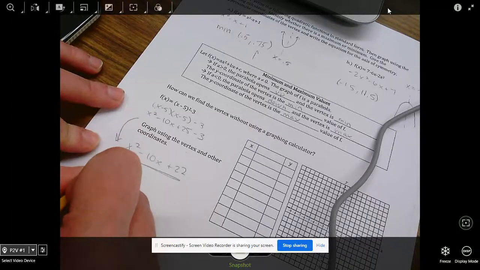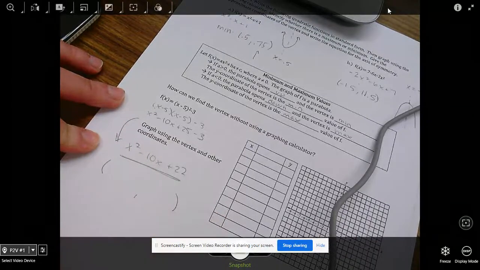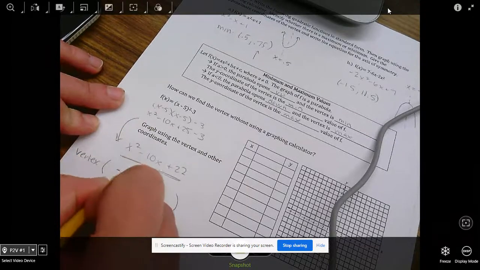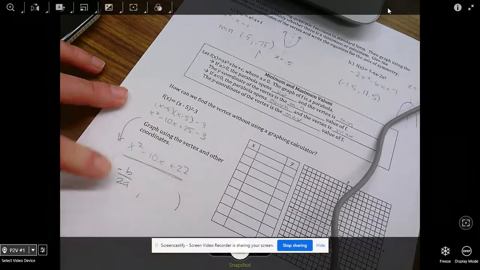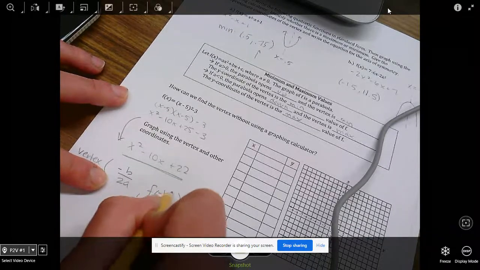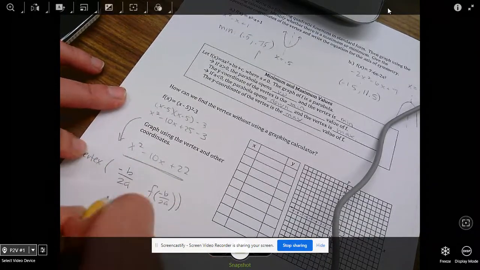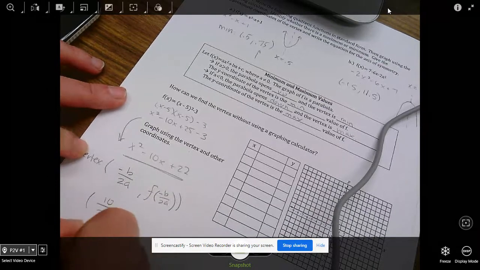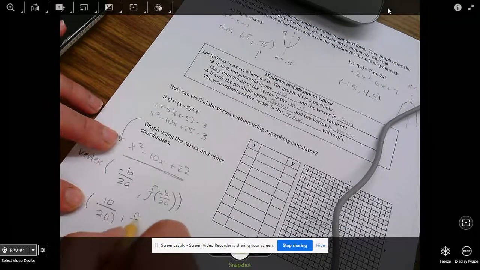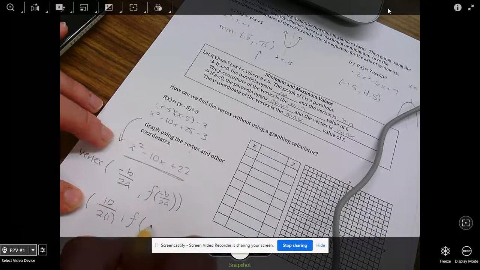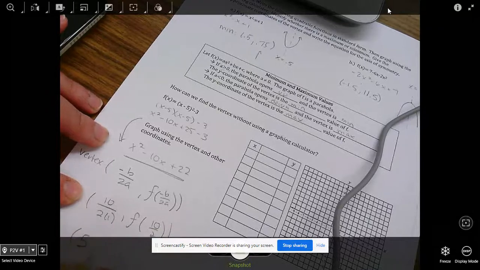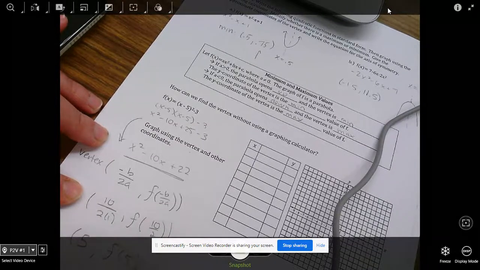To find the x and y values of the vertex, you're going to use the formula opposite of b over 2a, and then whatever that value is, you're going to plug it back into your function and do the same thing. So my opposite of b is 10, over 2 times a, which is 1, and then I'm going to take that and put it into my function. So it's 5, and then I'm going to put 5 into my function.